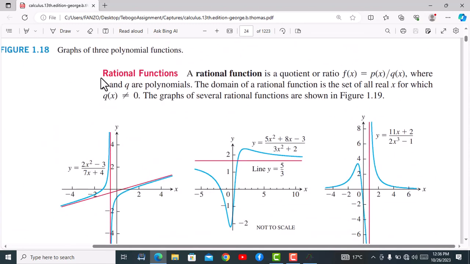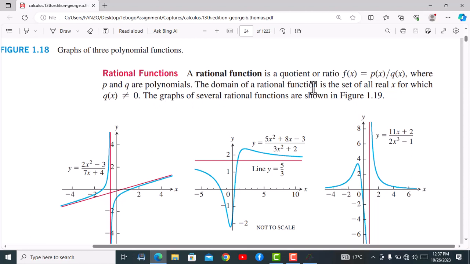And then we also have a rational function, and they say a rational function is a quotient or a ratio, f at x equals p at x divided by q at x, where p and q are polynomials. They can be of degree 1, 2, 3, 4, 5, and so on.